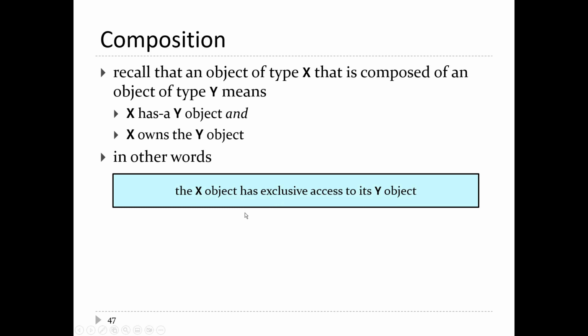And what that means is if its Y object is a reference type, then the X object must ensure that it always has exclusive access to its Y object, right? And so in other words, the only object that has a reference to the Y object is the X object itself, right? It will never hand out a reference to its internal Y object.